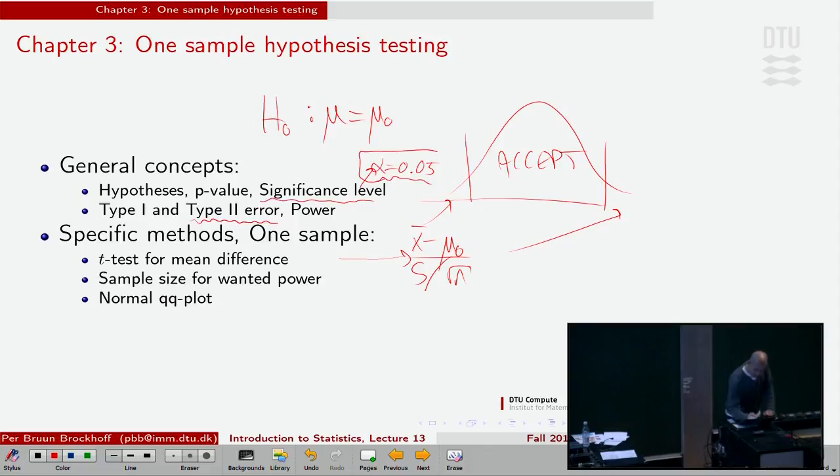And we decided to live typically with 5%. Sometimes we talk about 1%. Sometimes we talk about 1 per mil. These are the default codings of R in regression, for instance, and also ANOVA tables: 1 star, 2 stars, 3 stars. 1 star means below 5%. 2 stars means below 1%. 3 stars means below 1 per mil.